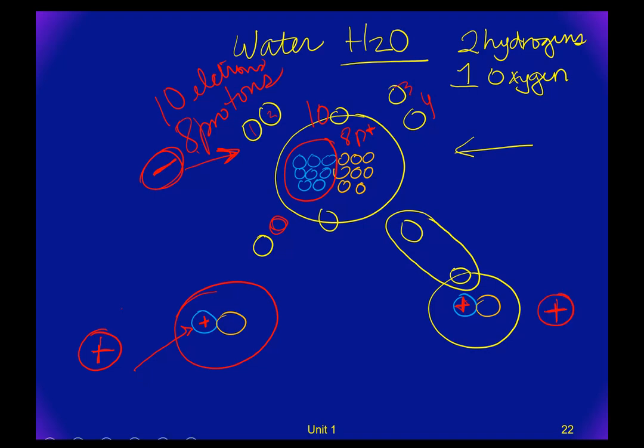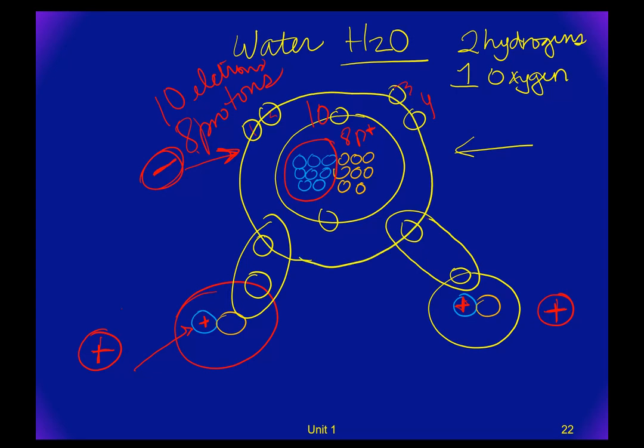Again, that's not really how it works. I don't want you to think that that's actually how things happen, because it's not. But if it did happen that way, that would be an explanation as to why it would be more negative near the oxygen than it is near the hydrogens.